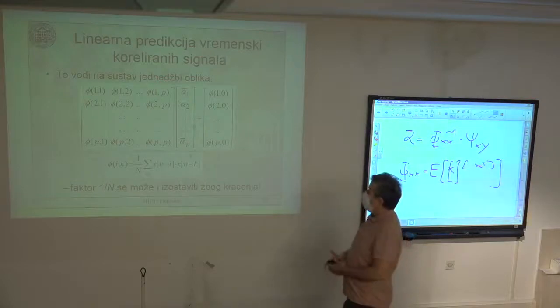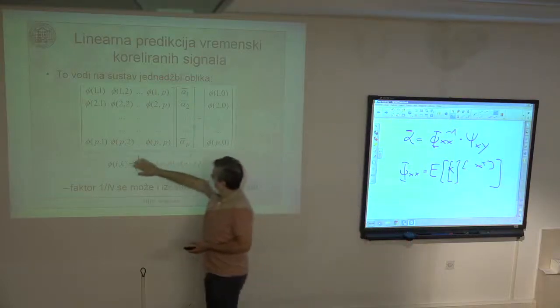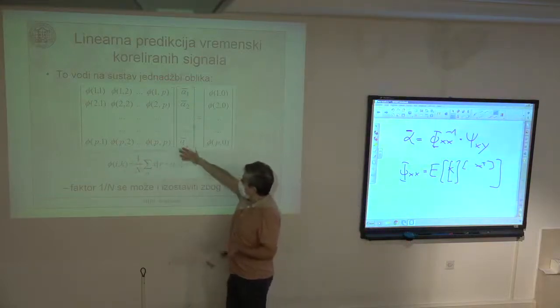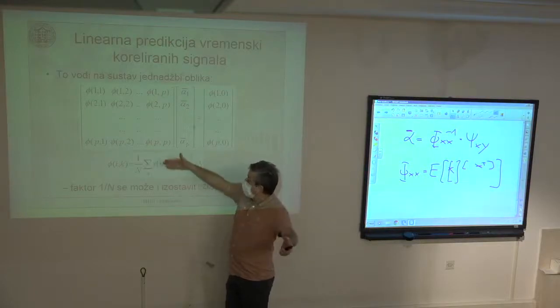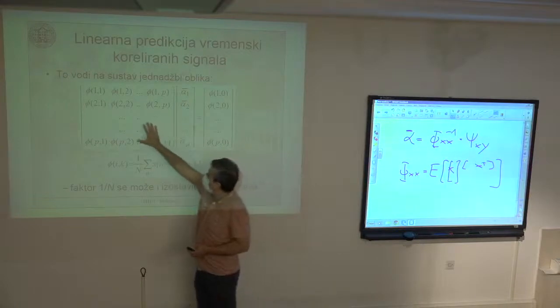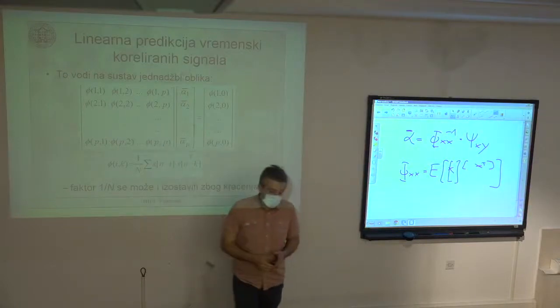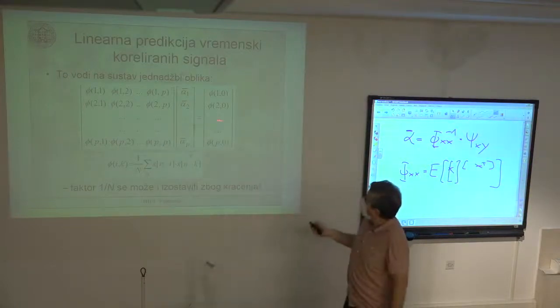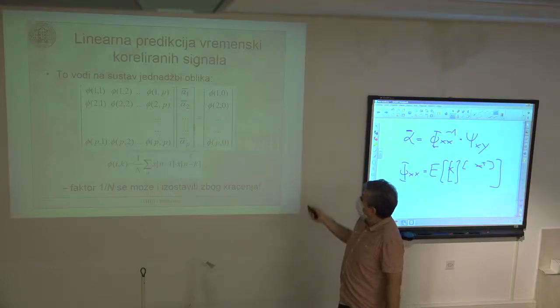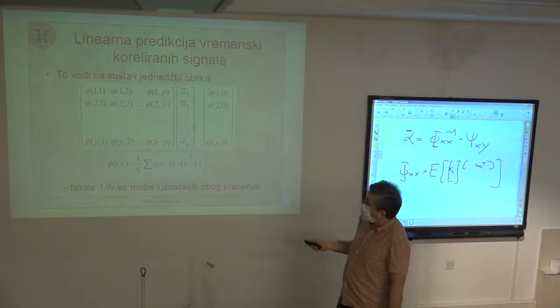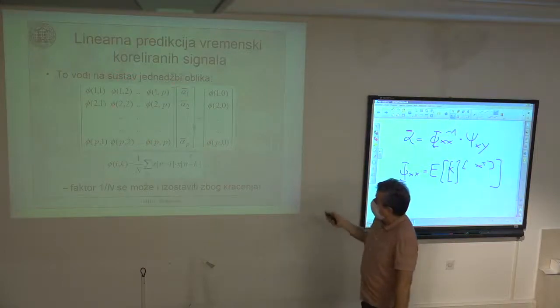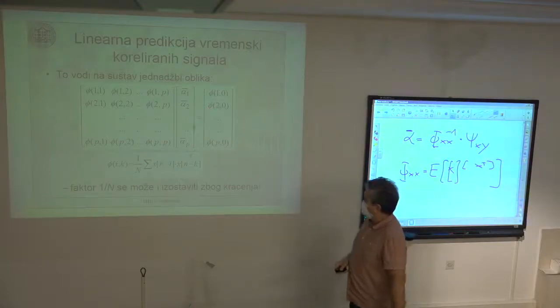If I compute these values from the actual time series, so I have this signal x(n) for many samples, I compute the covariance matrix phi and the correlation column psi. And by inverting the covariance matrix and multiplying phi to the power of minus 1 times psi, I get the optimal solution for the predictor.